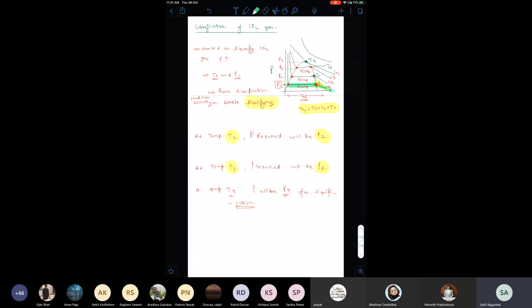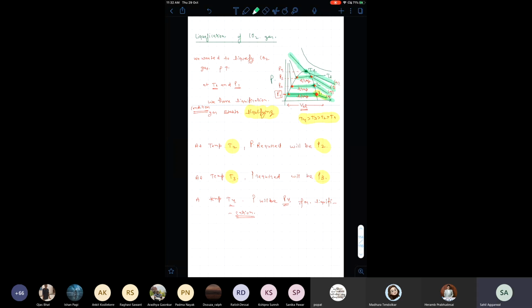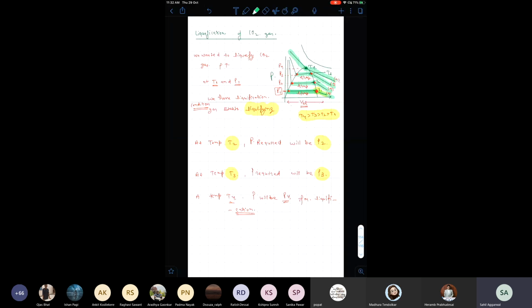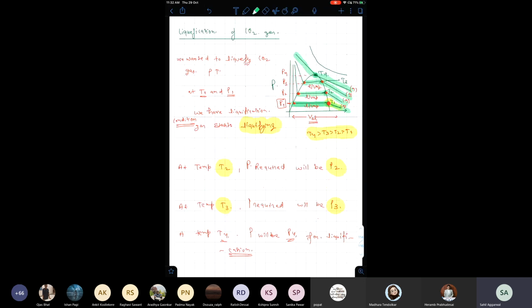Similarly, at some other temperature, higher pressure P2 is required for the liquefaction. Further, at higher temperature, P3 is required. Further, at higher temperature, P4 is required for liquefaction. Understood? Please say yes, then only we'll go ahead.